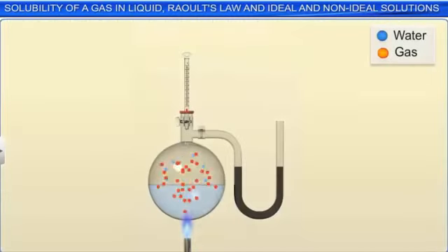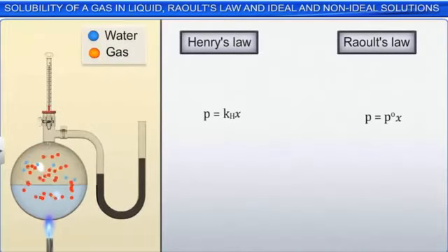Now, if one of the components in the binary solution is considered to be highly volatile, such that it exists as a gas, then, as you know, its solubility is given by Henry's law, P is equal to kH x.